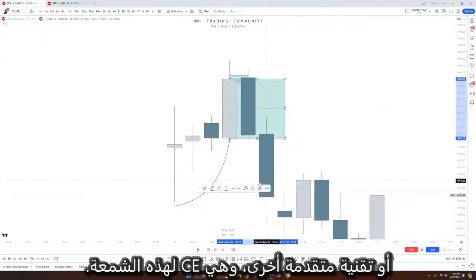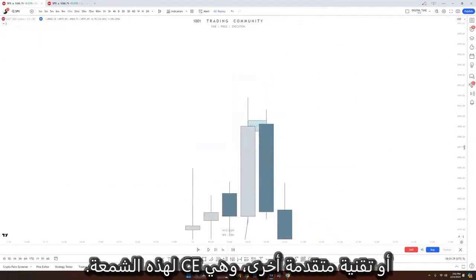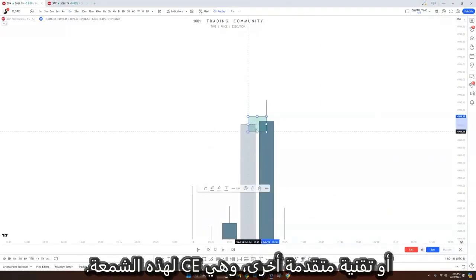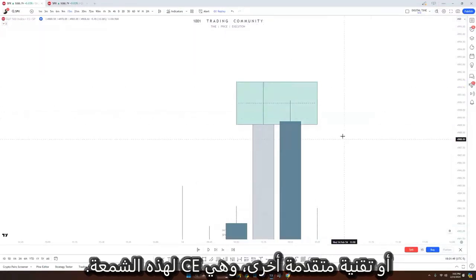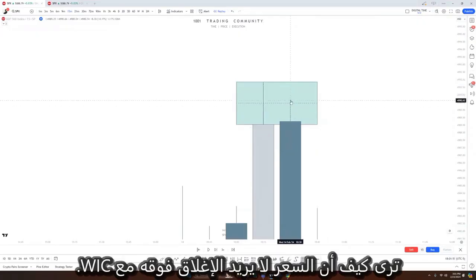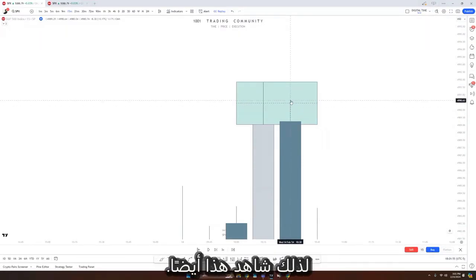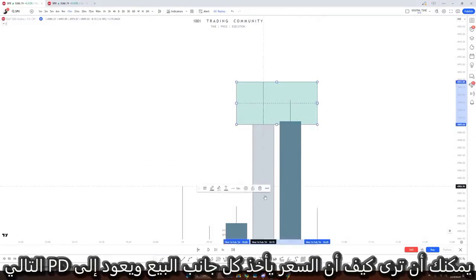Or another advanced technique, the CE of this candle. You see how price does not want to close above it with the wick? So watch this as well. Take note of that.